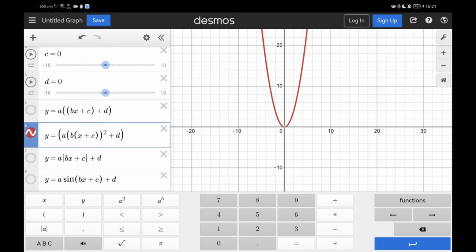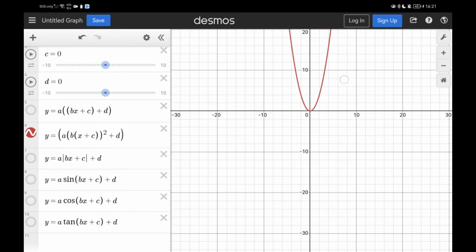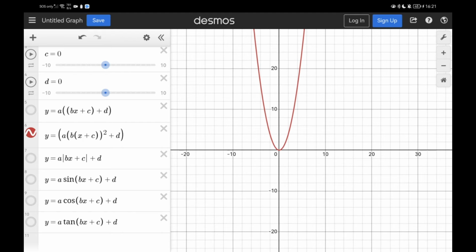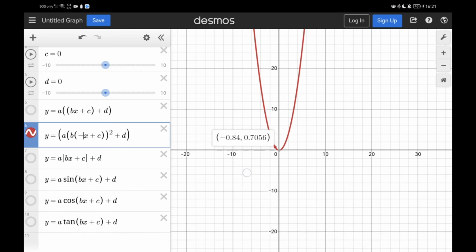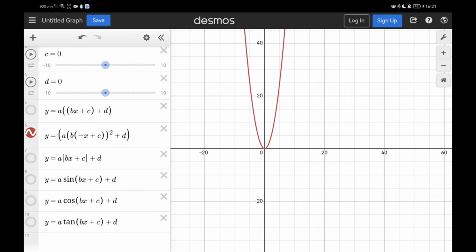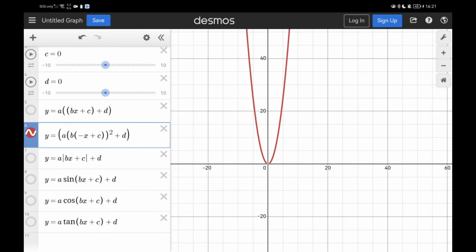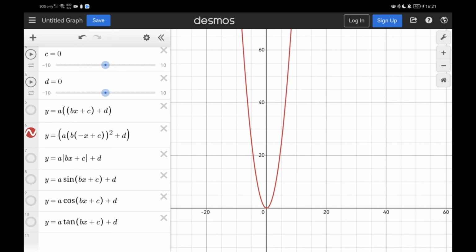Or else if I want to reflect in the y-axis, I will put the negative inside. But for a quadratic function, no matter whether the sign of x is positive or negative, its graph does not change because the graph of the left quadrant and the right quadrant are the same, are identical.